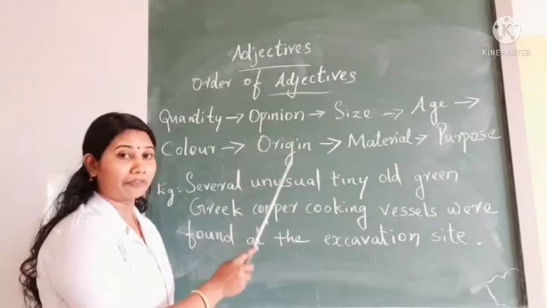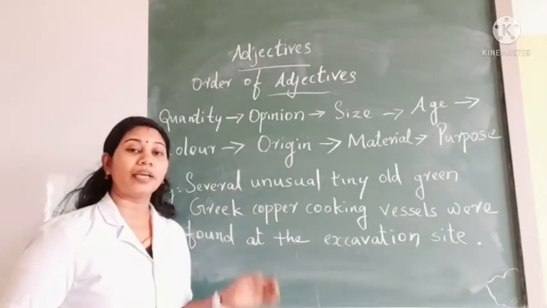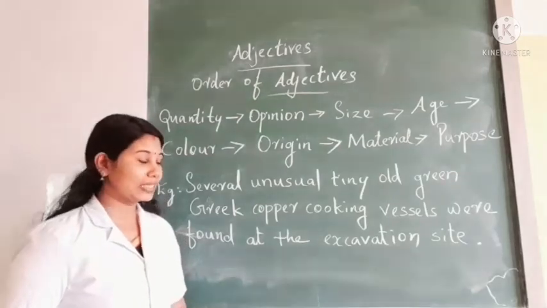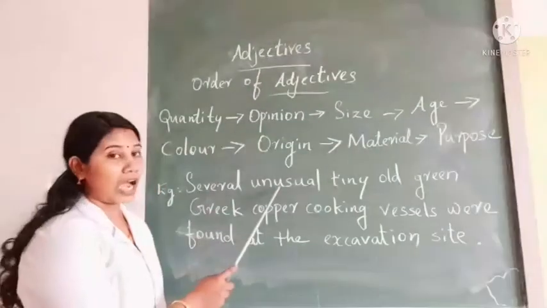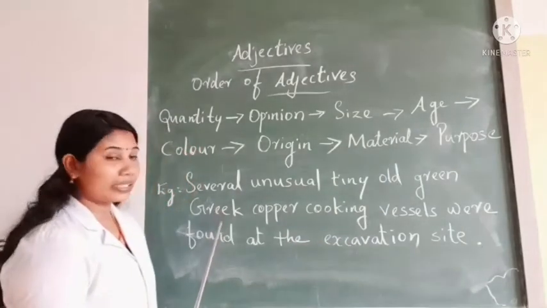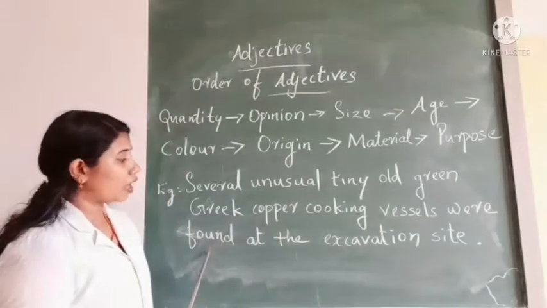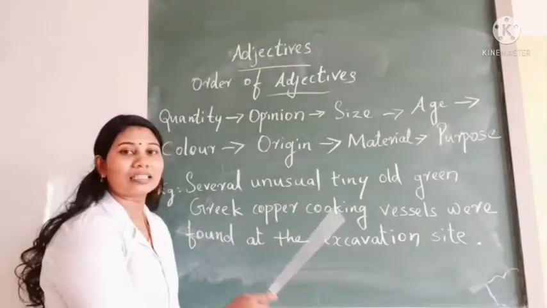In this order we have to place the adjectives. In this order we can describe a noun or pronoun. An example is given. Several unusual, tiny, old, green, Greek, copper cooking vessels were found at the excavation site.